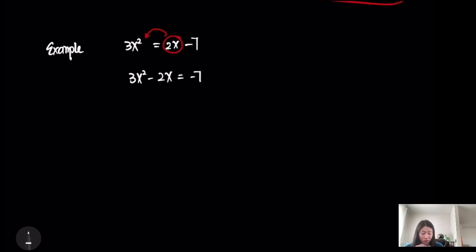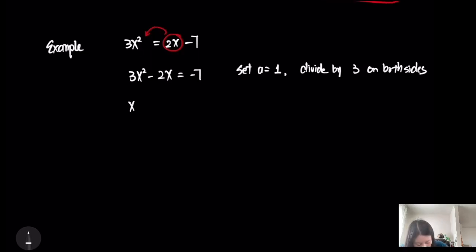So in order to set a equal to 1, you want to divide by 3 on both sides. So I have x squared minus 2/3 of x equals negative 7 over 3.